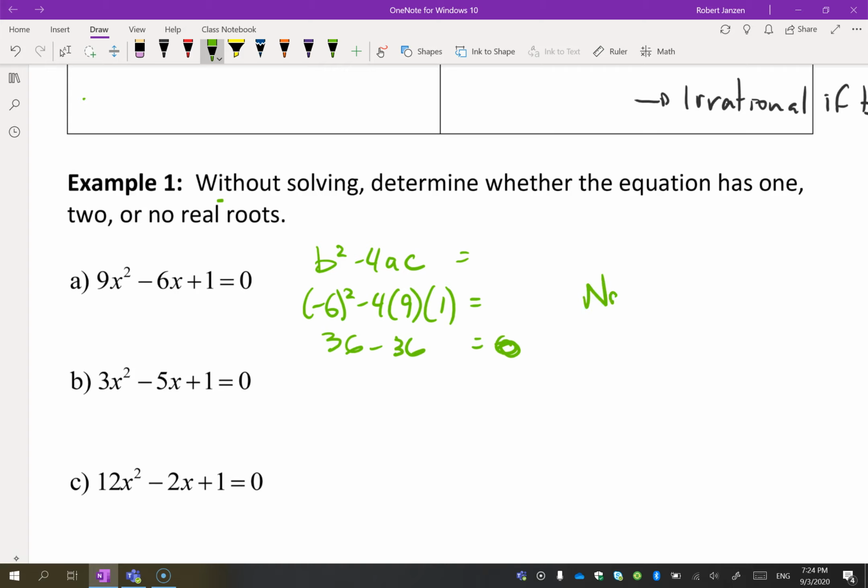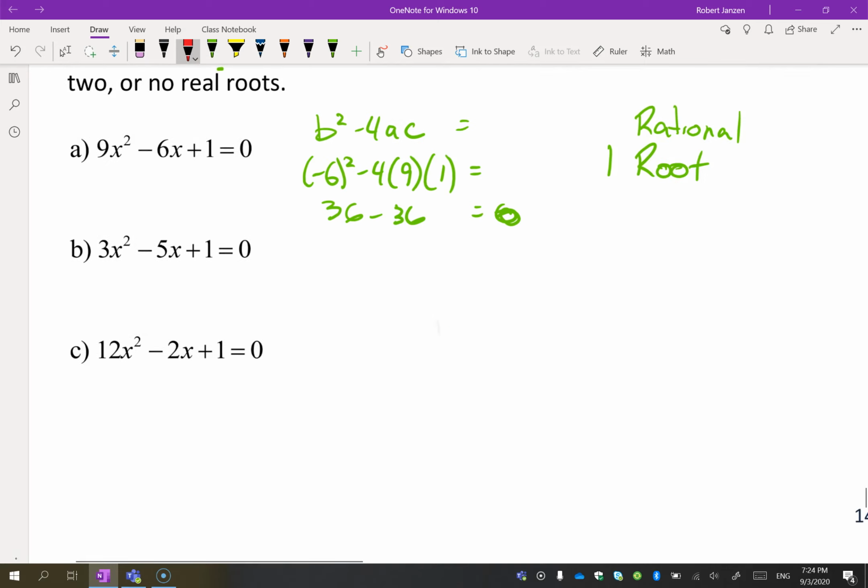This means there is 1 root. It's a rational root. 1 rational root. Rational means that we can write that number as a fraction. Okay? Let's try the next one.